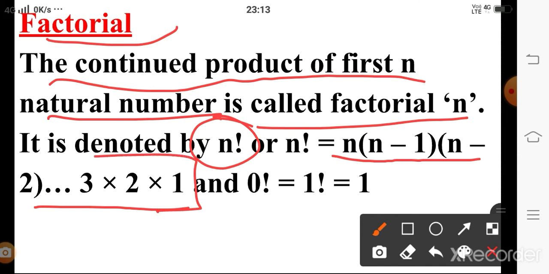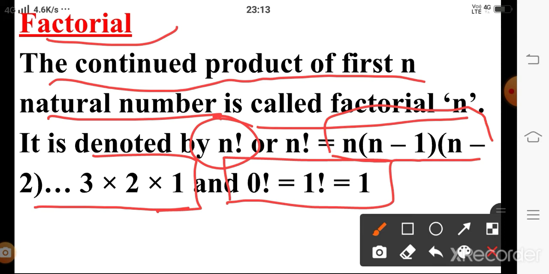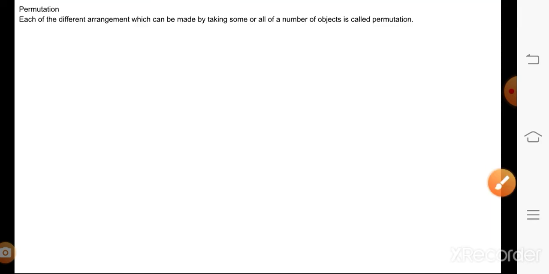Each succeeding number is 1 less than the preceding one. Two things you have to remember: 0 factorial is equal to 1, and 1 factorial is also 1.